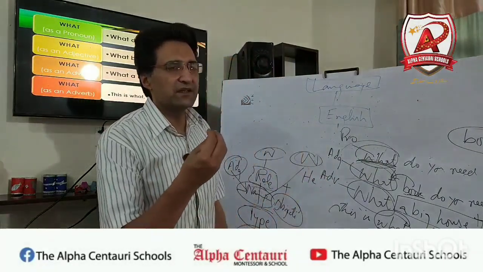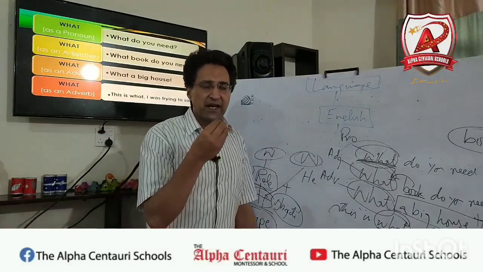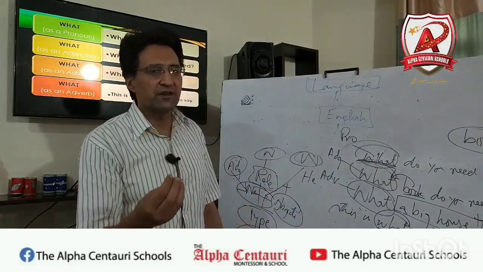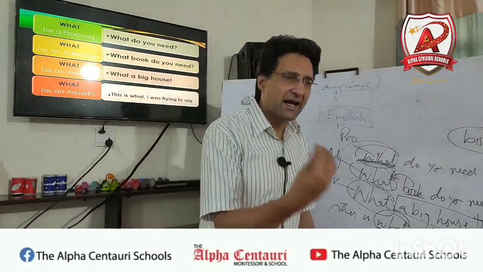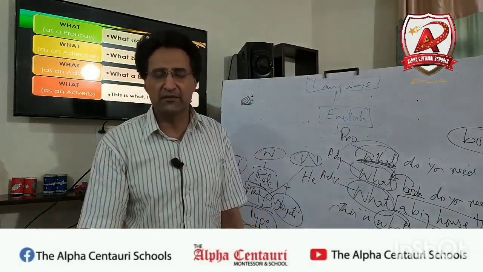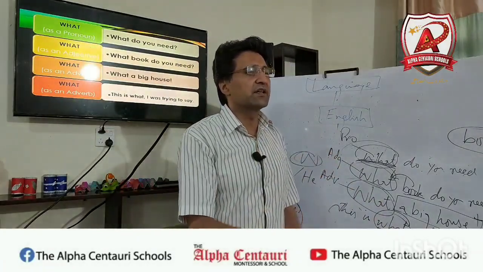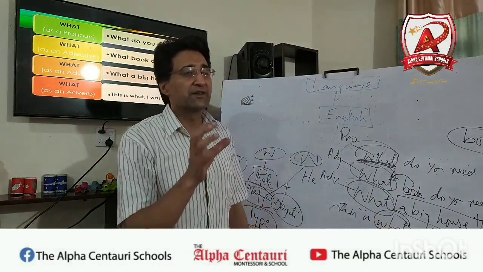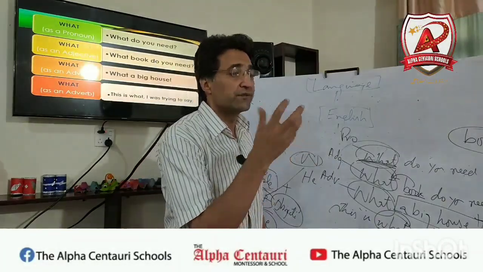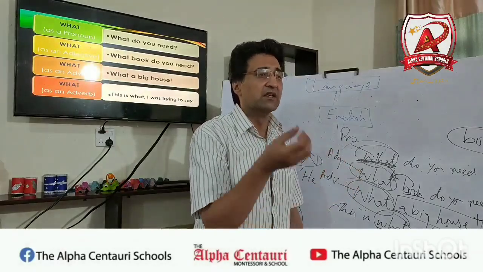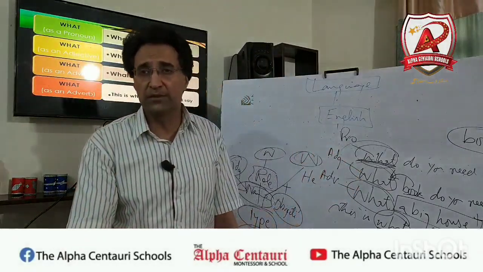For example, if it is serving as a naming word, this is noun. If it is serving by adding something into naming word, then it is what? Adjective. If it is serving what to express the role of something, the work done of something, action of something, or state of something, then I'll call it what? Verb.